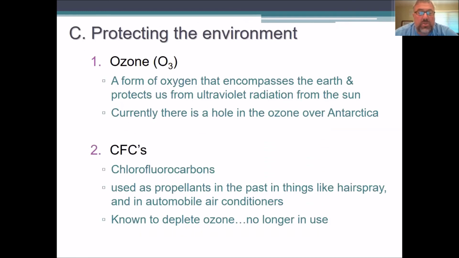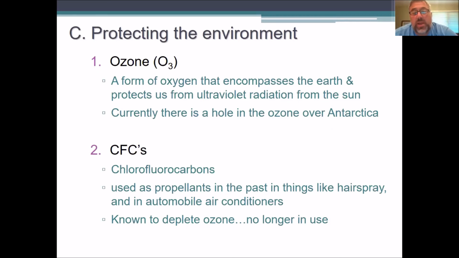All right. So if we look at protecting the environment, another thing that has been a big issue is ozone and the ozone layer. And some of you may have heard about this. Essentially, we are protected from ultraviolet radiation by our ozone layer.